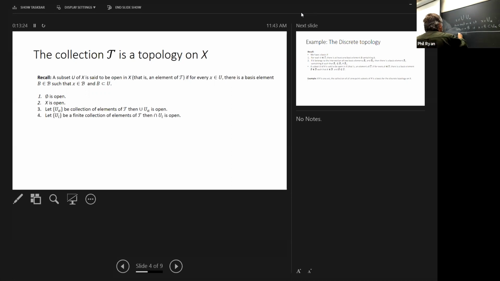Let's say that we're given two sets U1 and U2, which are in that collection T. What do we want to show? We want to show that U1 intersection U2 is open.